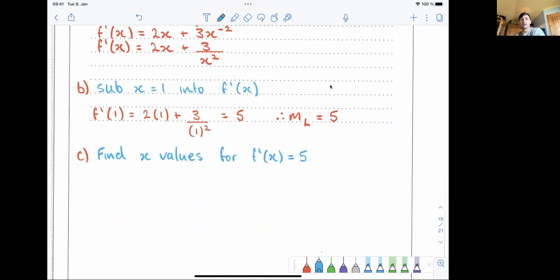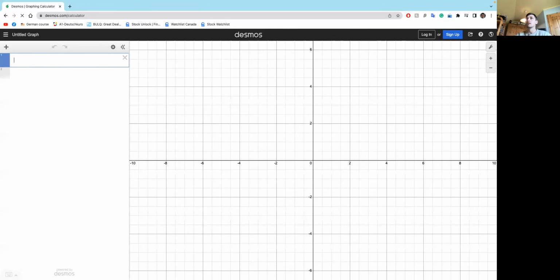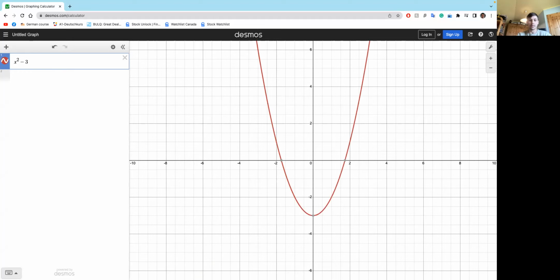Okay, and I'm going to bring you over online to TZ2 so you can hopefully see everything a little bit better, visually. Okay, so here is TZ2, it's a graphing calculator. Now I'm going to write in our first, so just f(x). So f(x) was equal to x squared minus 3 over x.